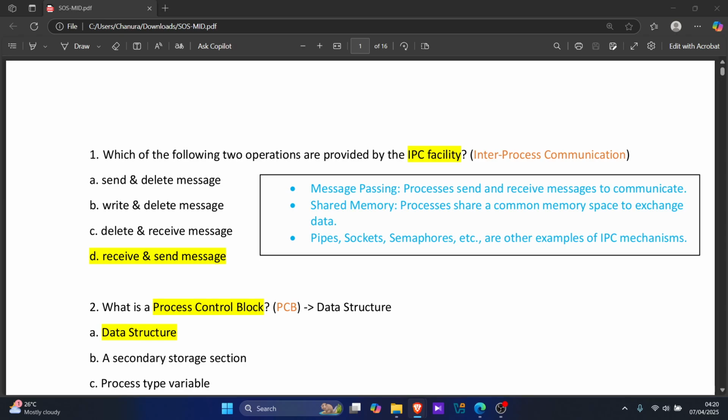Since the question says two operations provided by the IPC facility, and the explanation given mentions send and receive for message passing, I think the answer is D. The other options include delete, which isn't a primary IPC operation. Write could be part of shared memory, but the question is about the two main operations, which are send and receive. So yeah, the answer should be D.